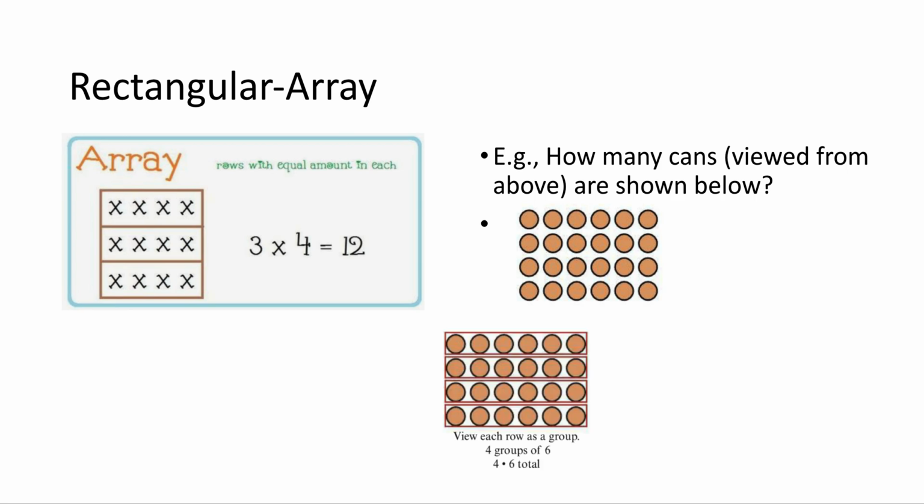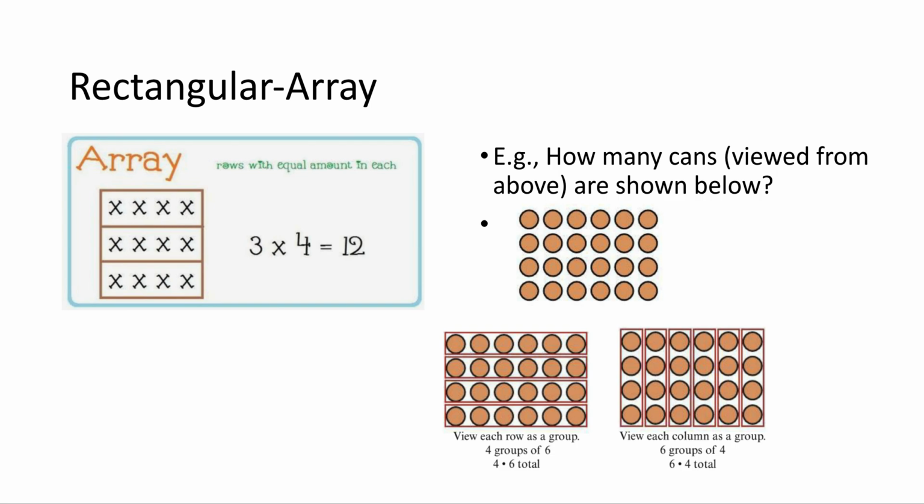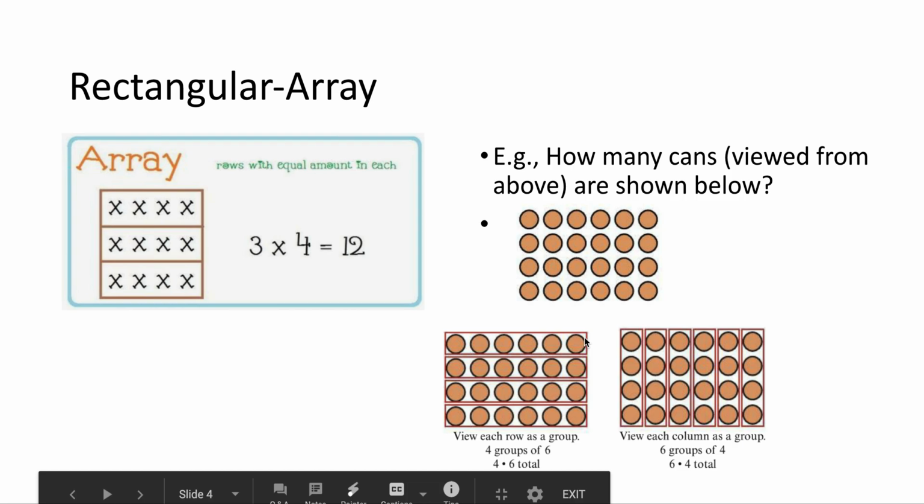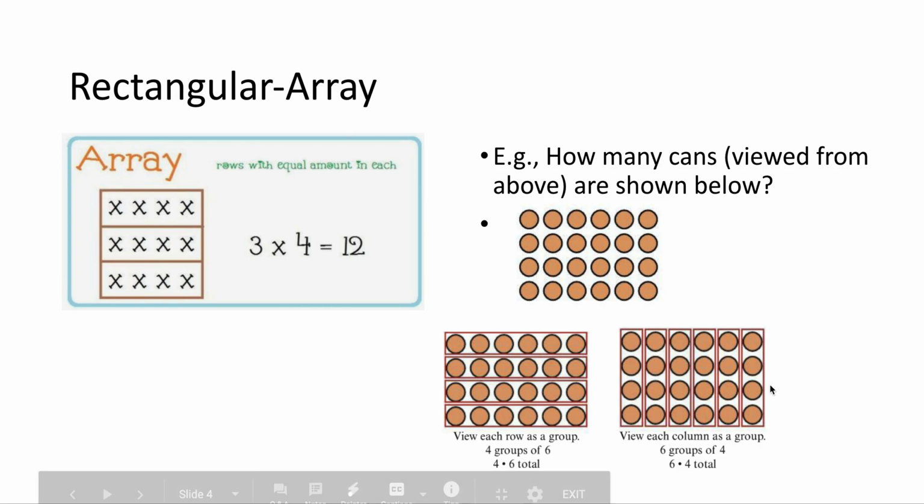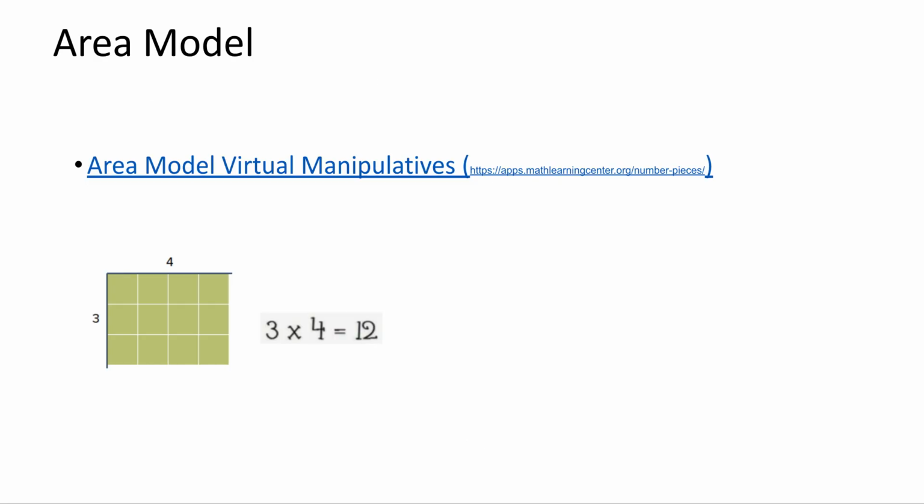So either this way or that way you can count. And you can also show it's exactly the same amount whether you count this way, so you have 4 times 6 or 6 times 4, it's equal. So you can also teach the commutative property of multiplication there, right? Using the rectangular array model.